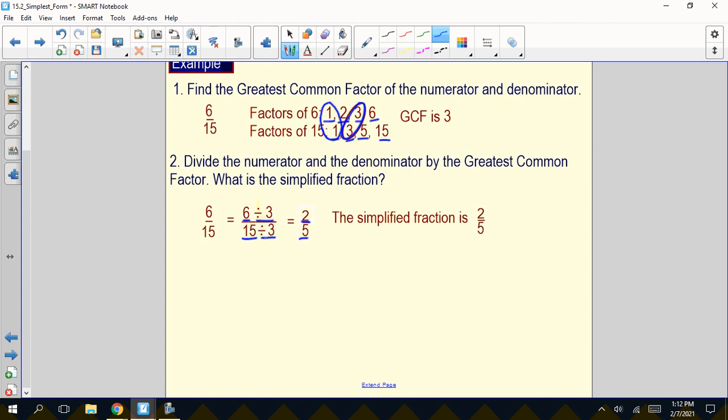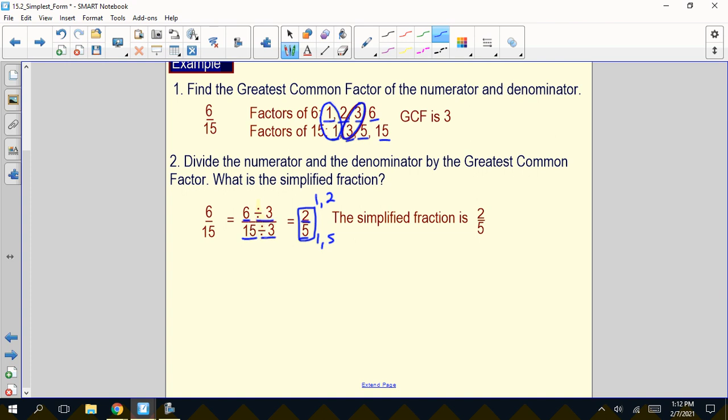Now, since we used the GCF, we know that we're already in simplest form, but let's think about the factors of 2. Numbers that multiply to give us 2 are 1 times 2, and that's it. And for 5, we have 1 times 5, and that's it. So the only number that they have in common is 1, so we know that fraction is in simplest form.